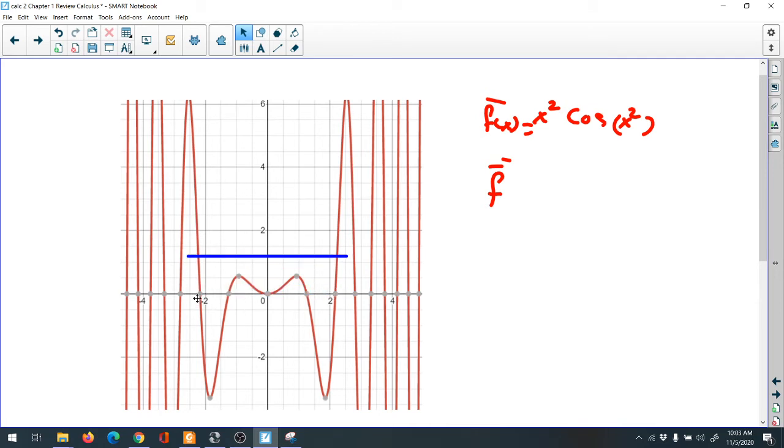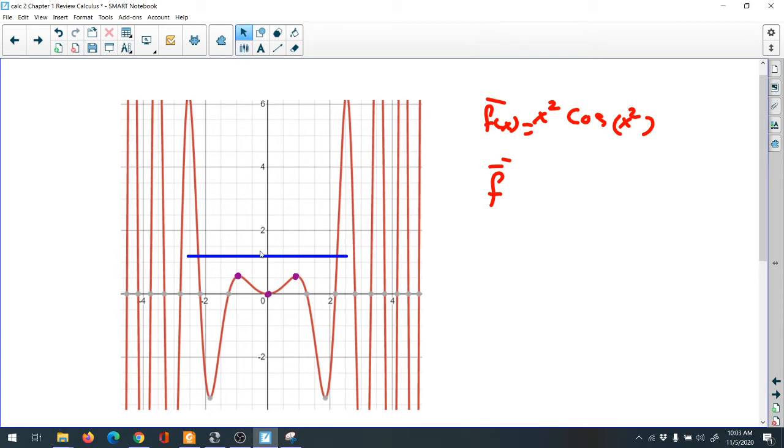By the way, we could have infinitely many inflection points with a complicated function like this, but we're looking between -2 and 2. Between -2 and 2, we have 3 positions for an inflection point: position 1 here, position 2, and position 3.